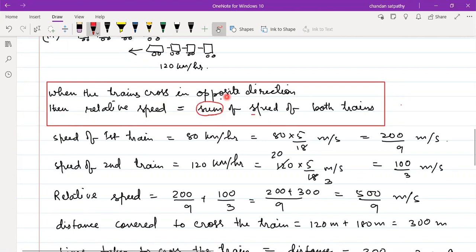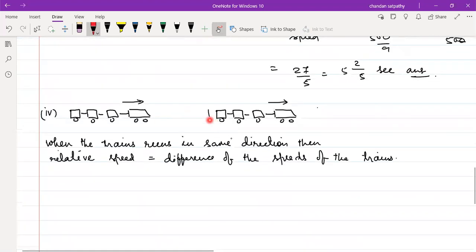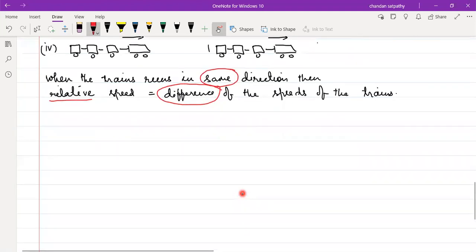Why sum? Because it is in the opposite direction. But if they travel in the same direction, then the relative speed will be the difference of the speeds of the trains. Clear? So now we will solve bit 4.